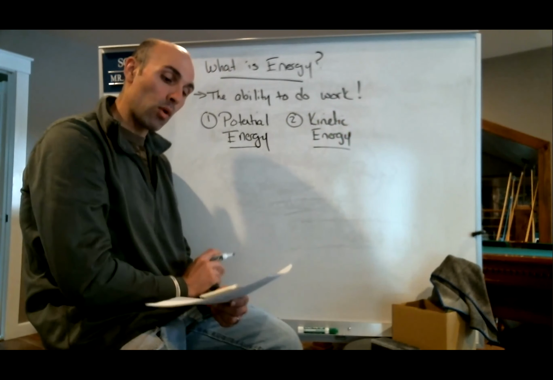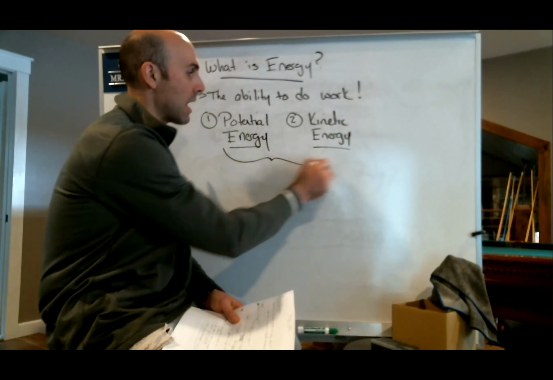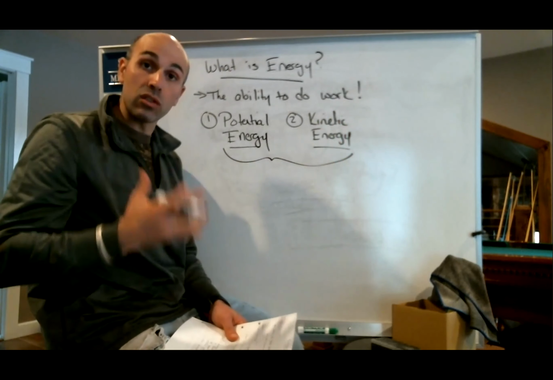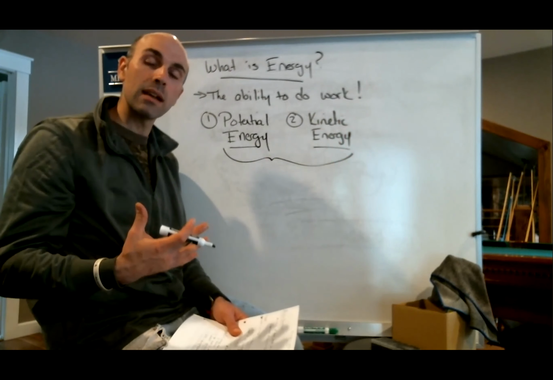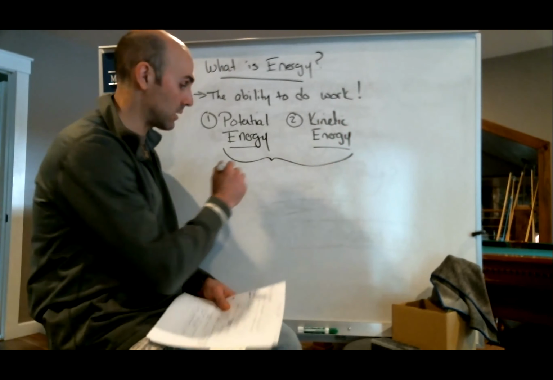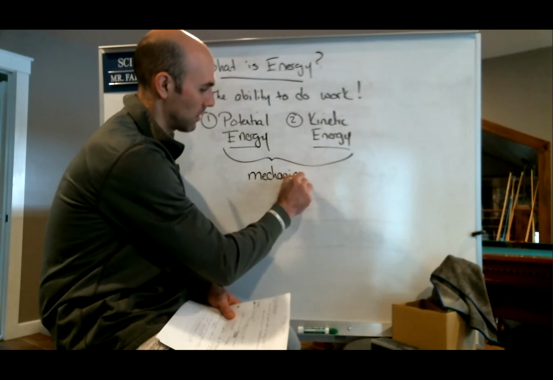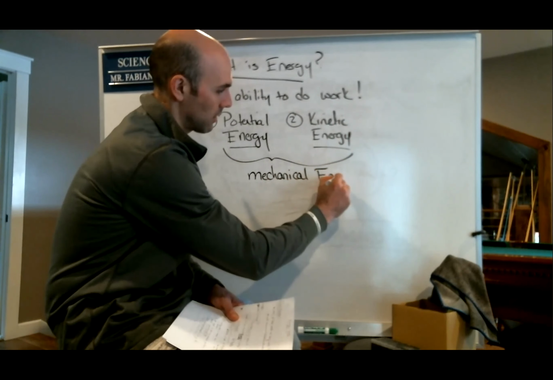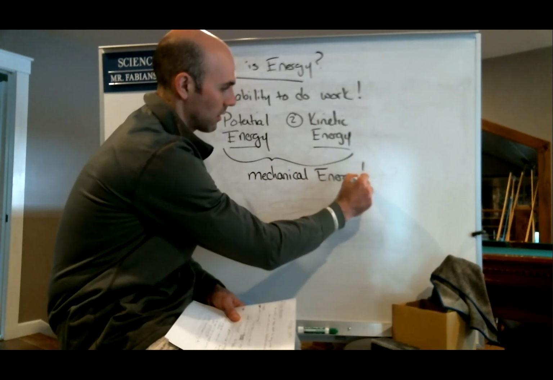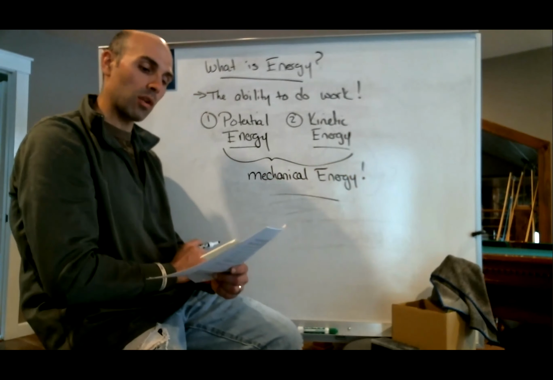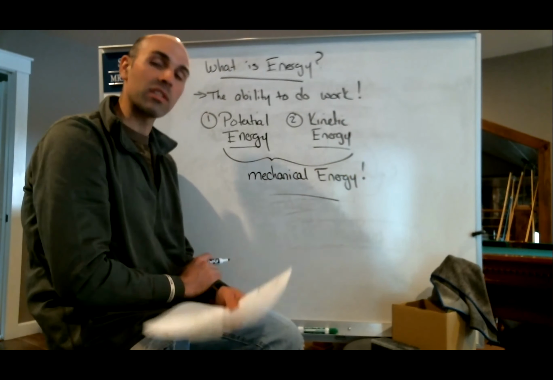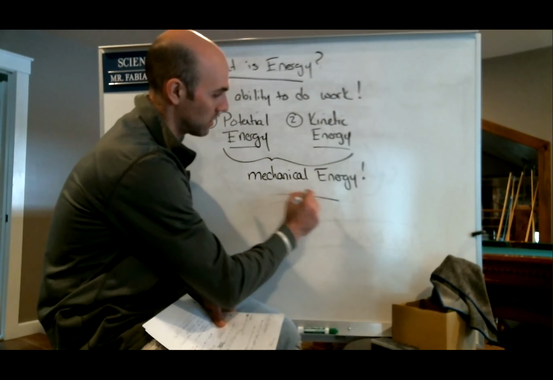Excellent job. And both of these energies combined give us a term that you may see, and it's called mechanical energy. All right. So mechanical energy enables an object to do work.